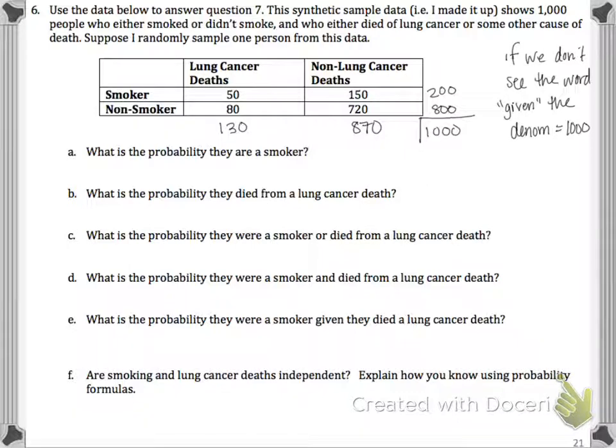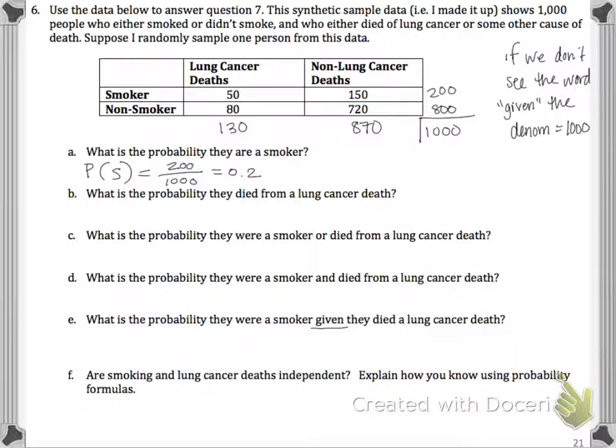So this, I see the word given, okay? So this says, what is the probability they are a smoker? Let's say S stands for smoker. So that's all the people who smoked, which is 200 out of all the people surveyed, which is 1,000. And then you could reduce that to 0.2.